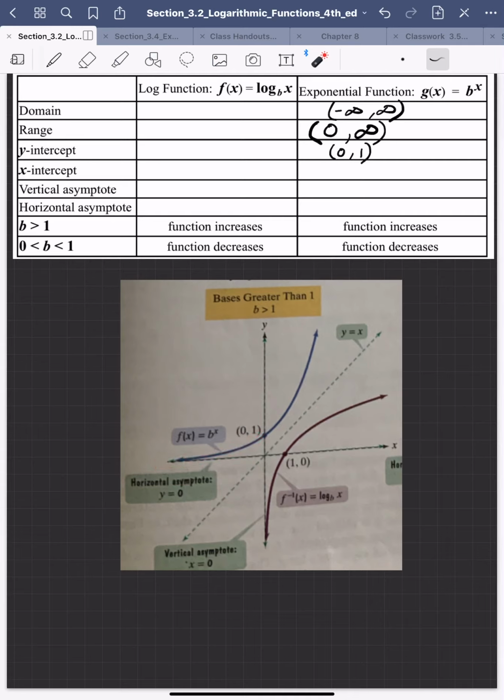In fact, there is a horizontal asymptote here at y equals 0. So this will get very close, but will never cross the x-axis. So the horizontal asymptote is at y equals 0. Vertical asymptotes: there are no vertical asymptotes anywhere here. So this is just not applicable.